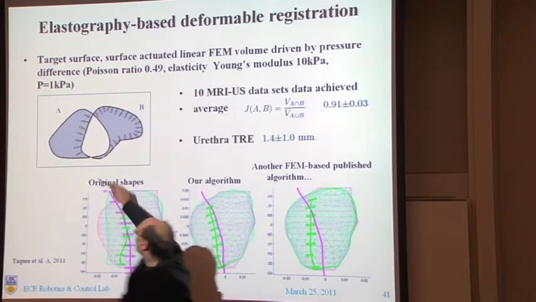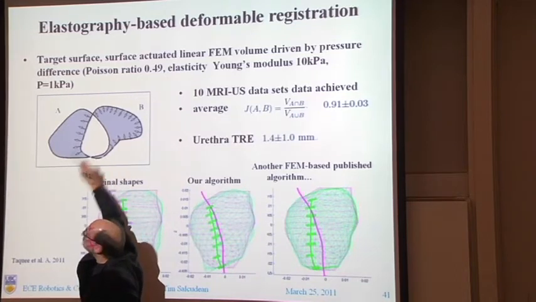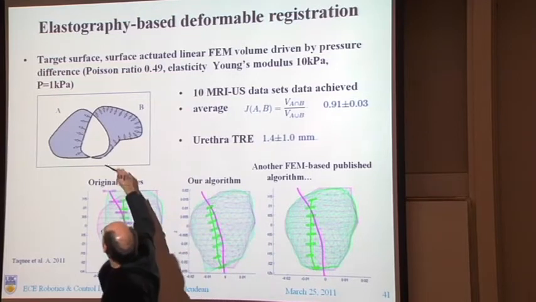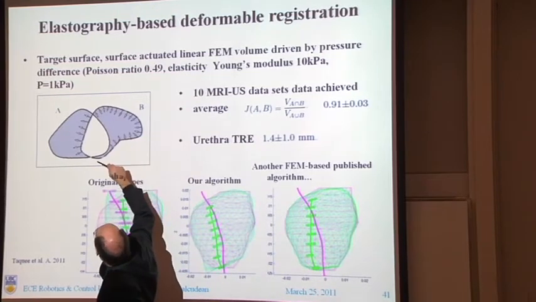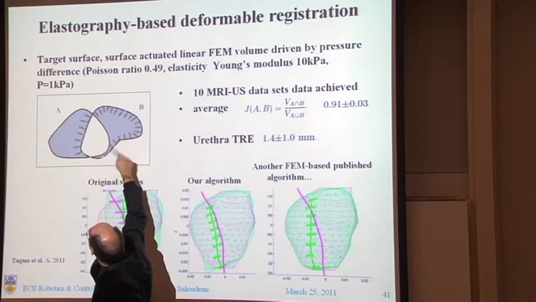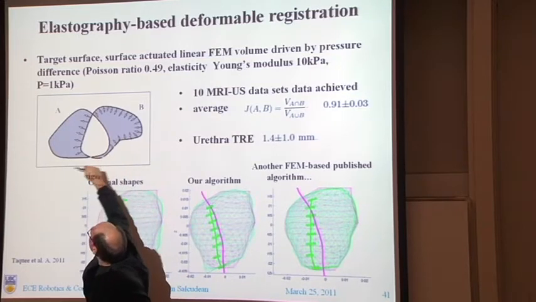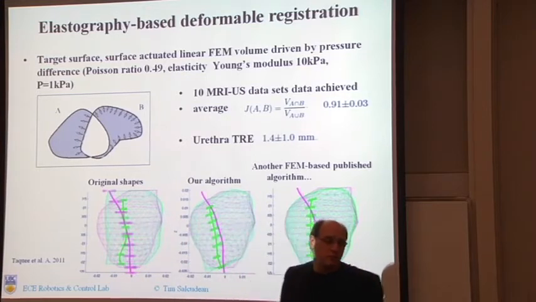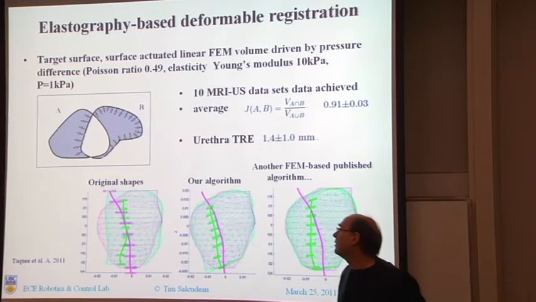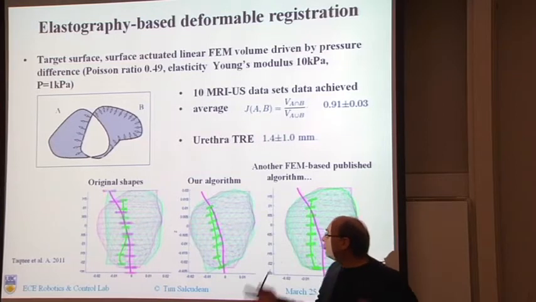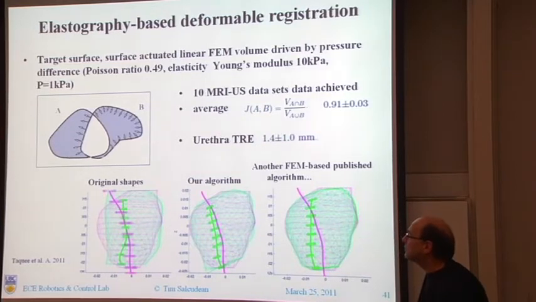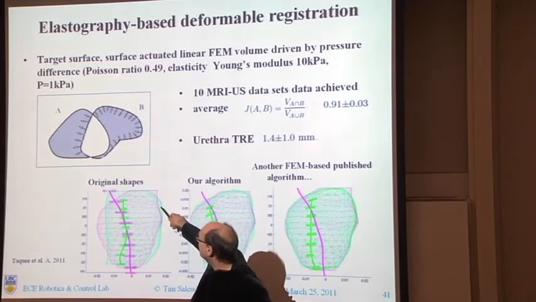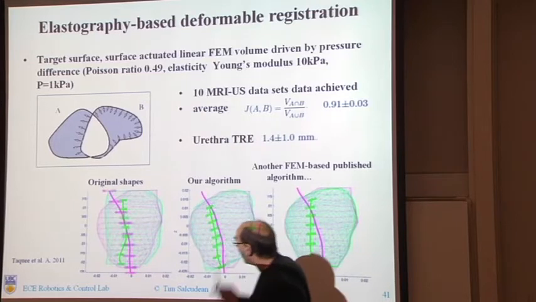Then on a meshed finite element method, we can compute the forces that derive from that pressure and take a surface which you presume your prostate to be, and one that you would like to register to as a target, and use those boundary forces together with the internal finite element model to bring those two shapes into coincidence. And here's what happens. These are the two shapes here in magnetic resonance imaging and in ultrasound.